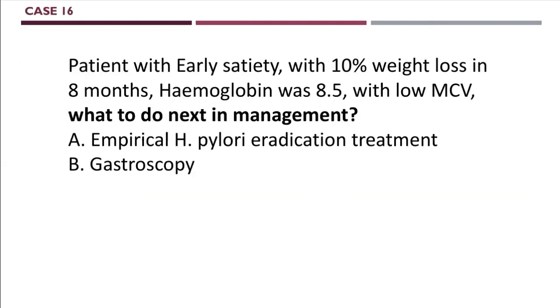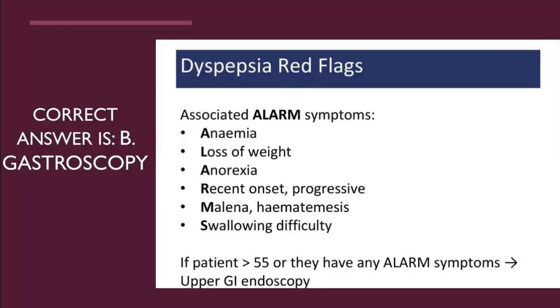Patient with early satiety, 10% weight loss in 8 months, hemoglobin 8.5, low MCV. What to do? Empiric H. pylori eradication treatment or gastroscopy? Gastroscopy. Good, because this is a red flag. Just remember these red flags: with any one of them in a patient with dyspepsia, you're going to do endoscopy.